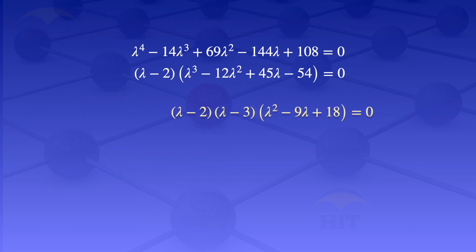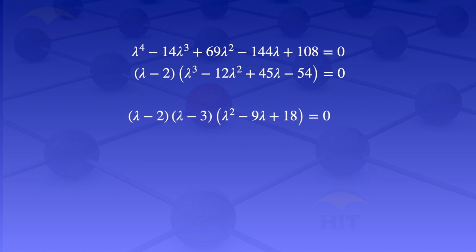So for the equation that we are having now, if we look at this part there, that's a quadratic, lambda squared minus 9 lambda plus 18. We can try to find factors, two numbers which when you multiply them, they give us an 18. When we add them, they give us a minus 9. Those two numbers are minus 3 and minus 6.